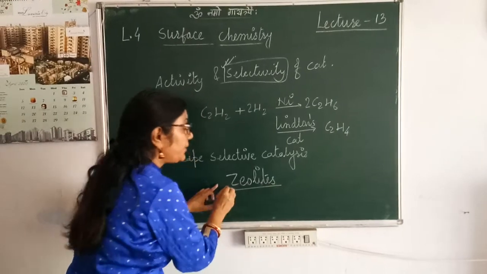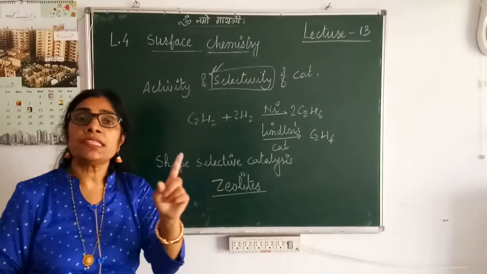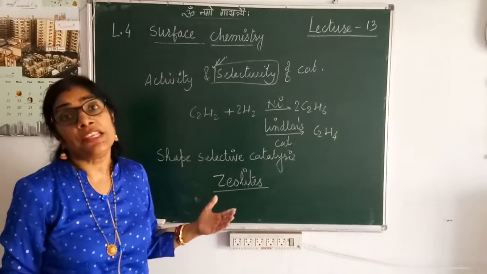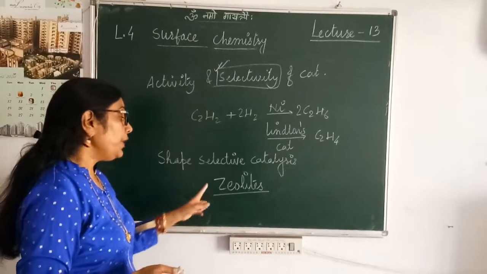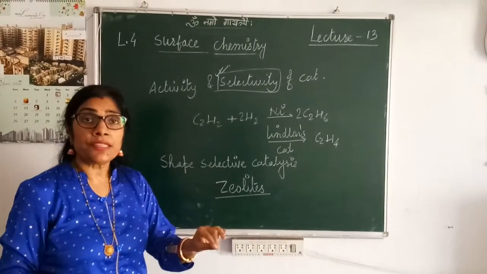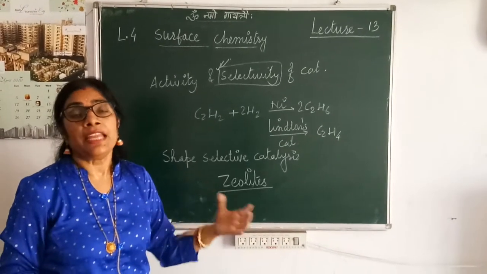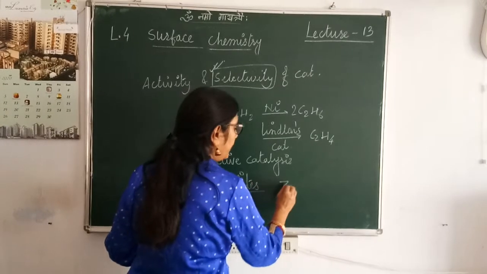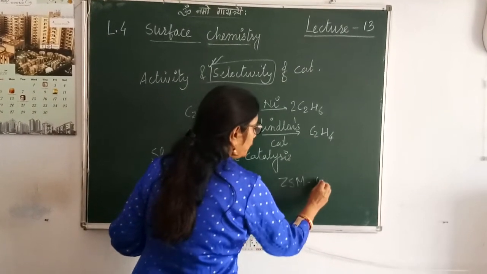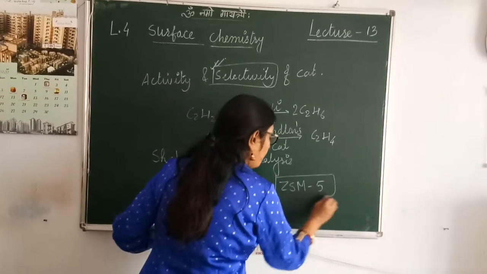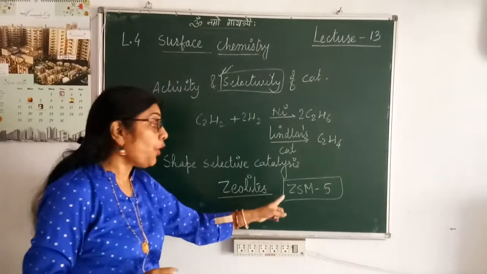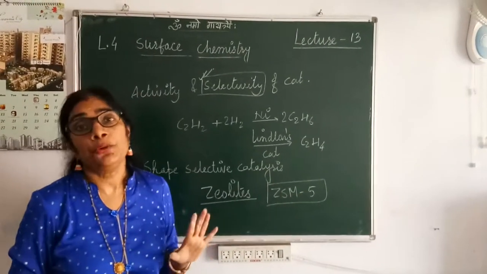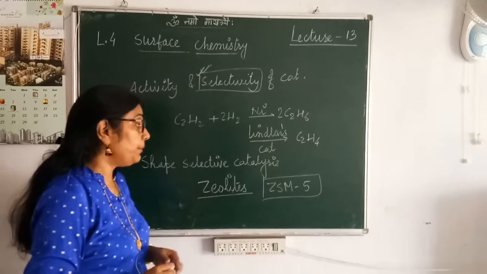These zeolites are microporous aluminosilicates and they have a honeycomb-like structure. Therefore, they are highly porous, so they can easily enhance the rate of reaction. The most common zeolite is ZSM-5, a zeolite sieve of molecular porosity, used for the conversion of alcohols into gasoline for industrial purposes.